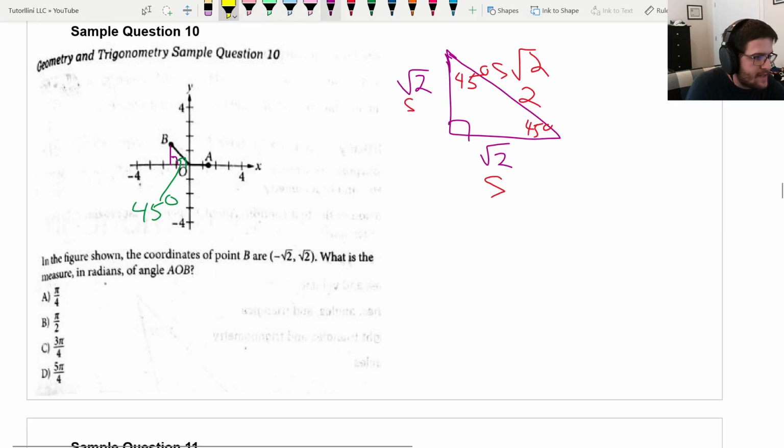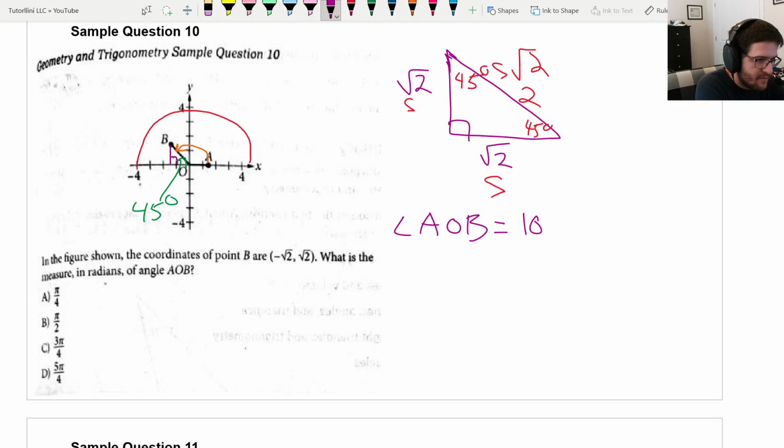Okay, and so if that guy is 45 and this whole thing is 180, then AOB will be 180 minus 45, which is 135.